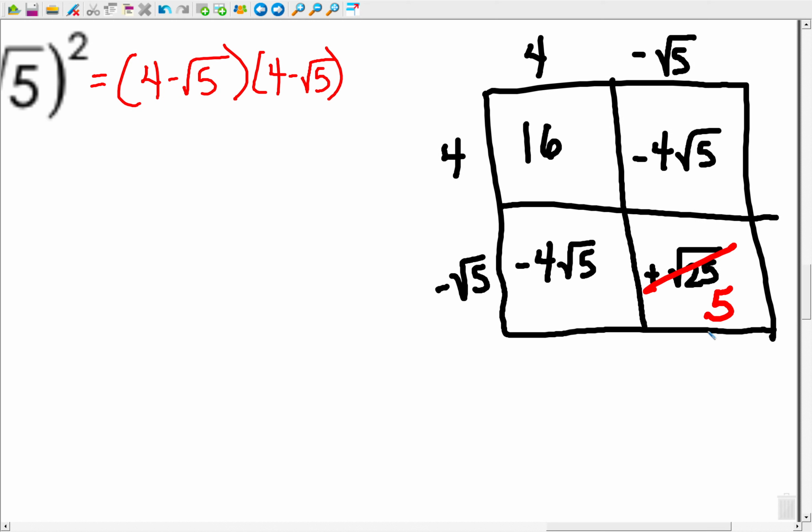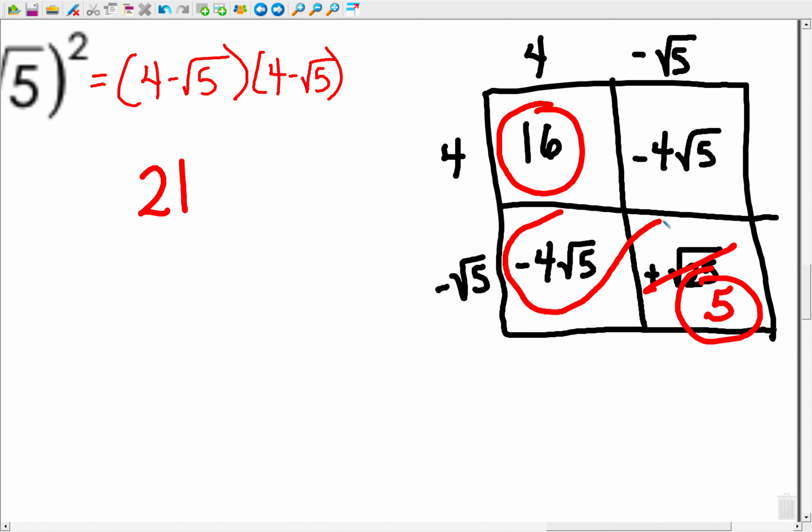Cross it out, put a 5. And now this means I have 16 plus 5, which is 21. And then this gives me two like terms. Negative 4, negative 4 is negative 8 square root of 5, and you're done.